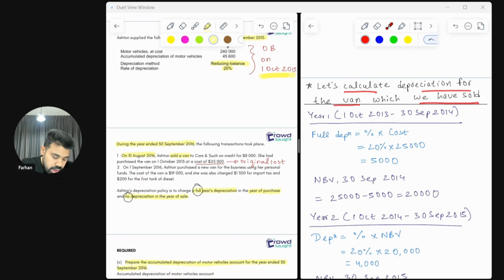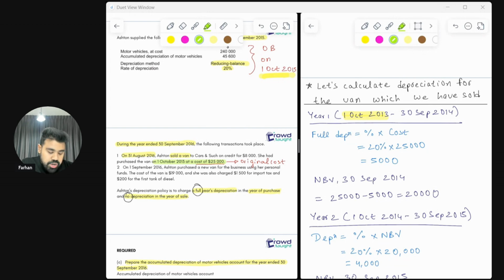All right. And let's see what's going on. We know based on transaction number 1, this van was purchased on 1 October 2013, which you can see I'm just about to highlight in green. All right, so on 31 August 2016, Ashton sold a van on credit for $8,000.